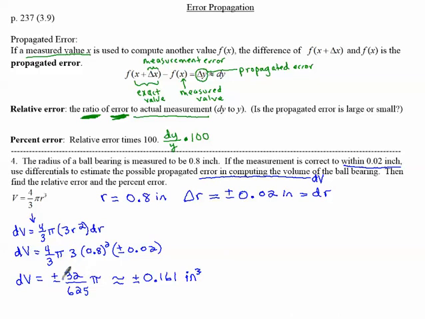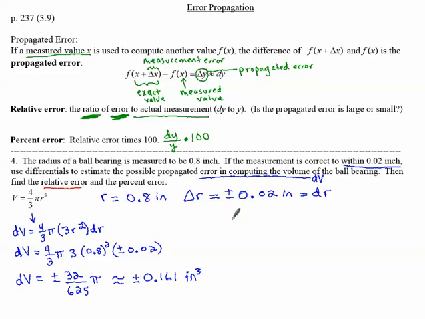So we can work this out to be plus or minus 32 over 625 pi, or approximately plus or minus 0.161 cubic inches. So the error in computing the volume was approximately 0.161 cubic inches. Is that a large or small error? Well, that's what relative error will show us.